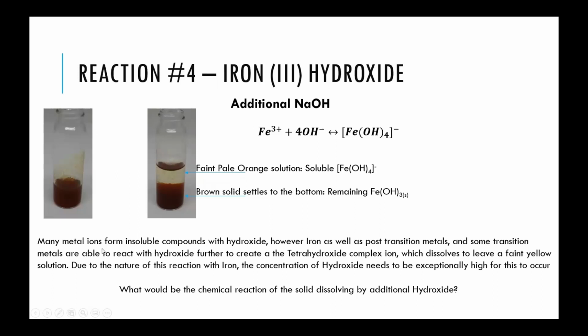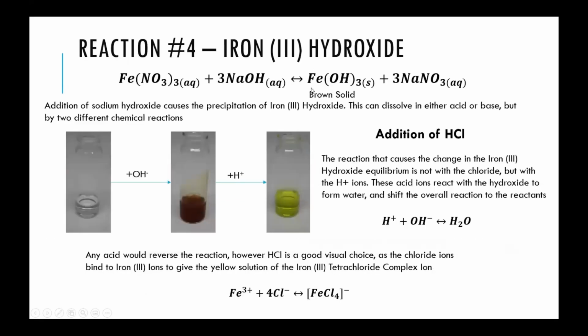To another portion of the iron hydroxide slurry, extra hydroxide is added. Iron hydroxide is unique in that it can be driven further in the reaction to form a separate product. The solid product of iron 3 hydroxide can continue to react with extra hydroxide.